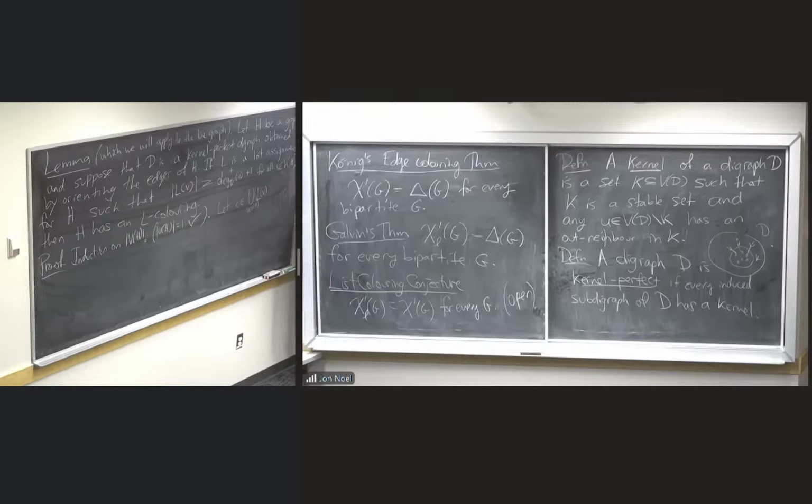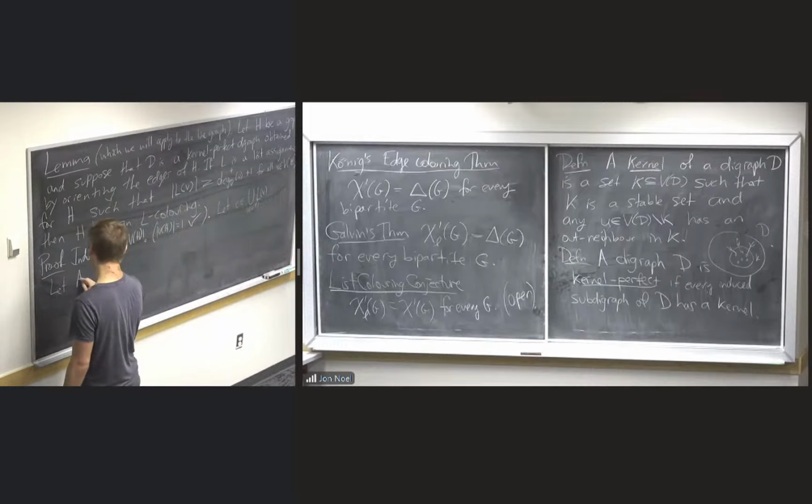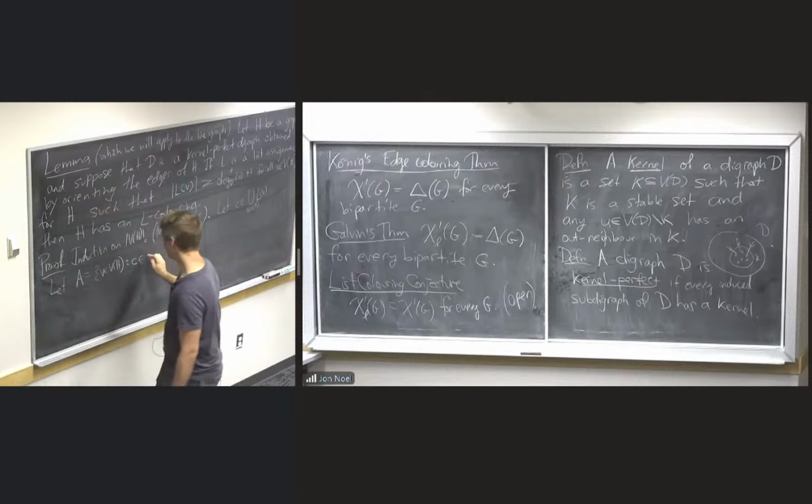Some vertices could use the color C and some can't. Let's look at all the vertices that have C in their list. So let A be the set of all vertices of H such that the color C appears in the list of v.